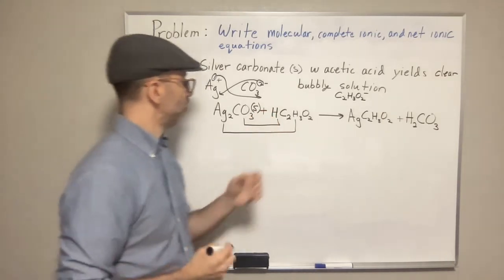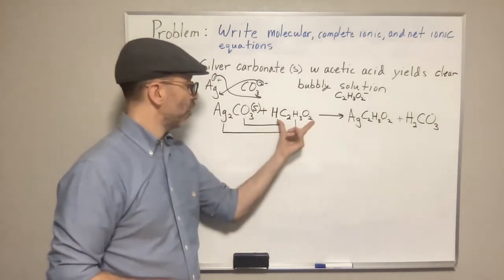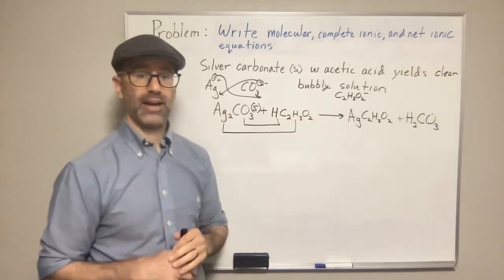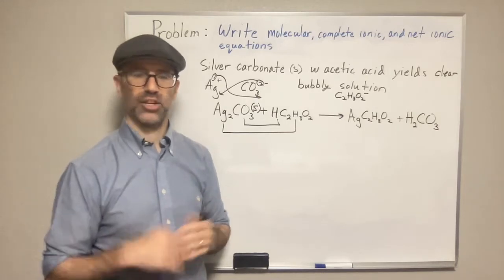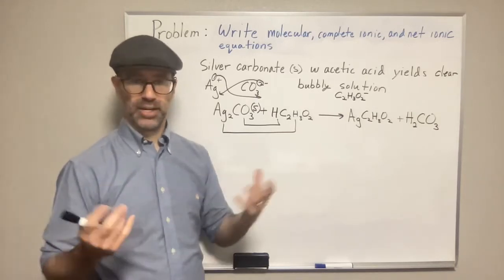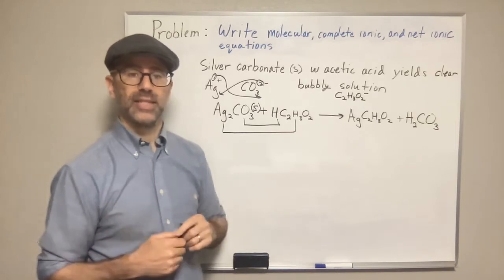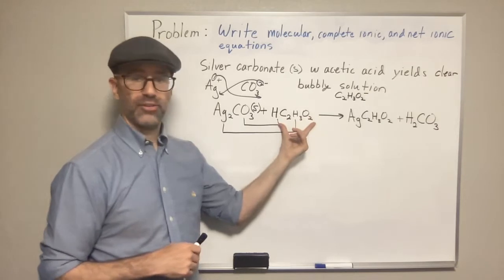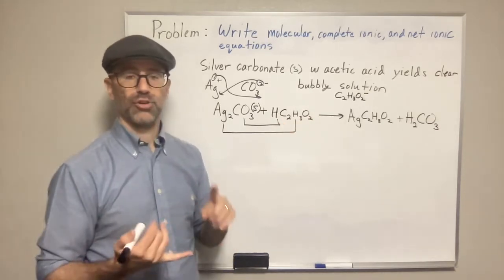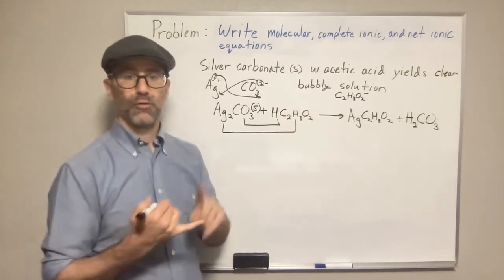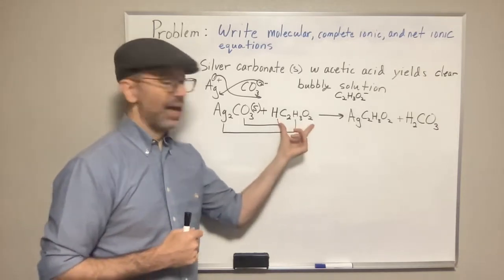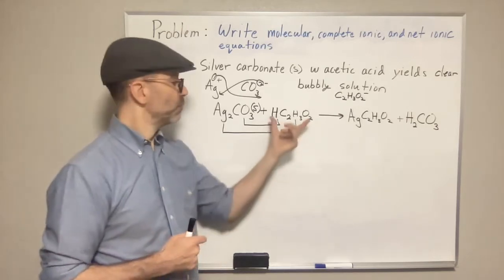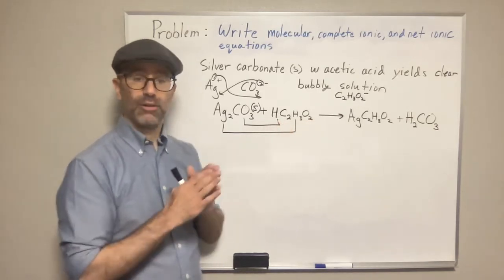Okay, so now what about your acetic acid? This is where you need to identify whether this is a weak or strong acid. So you need to know what the strong acids are, and there are 6 of them, sometimes 7, depending on where you look. But they're mainly 6 strong acids. That would be like hydrochloric acid, hydrobromic acid, sulfuric acid, and so on. Acetic acid is not a strong acid, it's a weak acid. And why is this important here? It's important because this does not come apart.